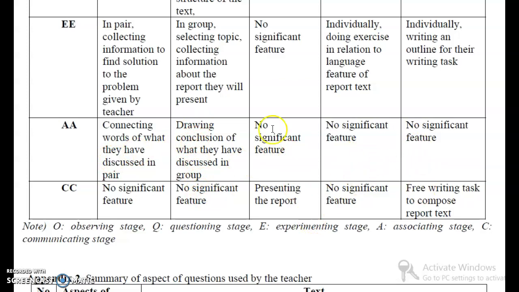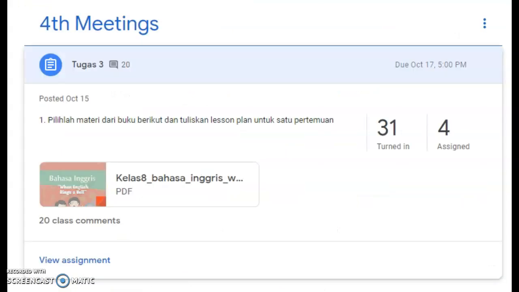Okay, I want you to choose one chapter from the materials that I have already shared with you in the fourth meeting. This one, I hope you can download the material, and then you choose one chapter, and then you design your work in the first stage in observing for the first meeting, the second, and until the fifth or the sixth meeting.